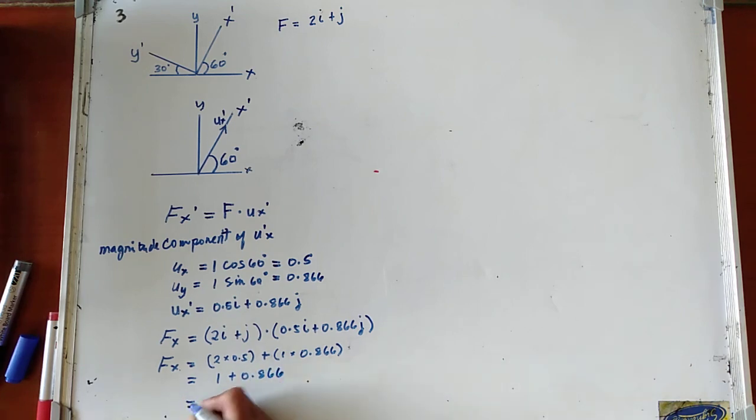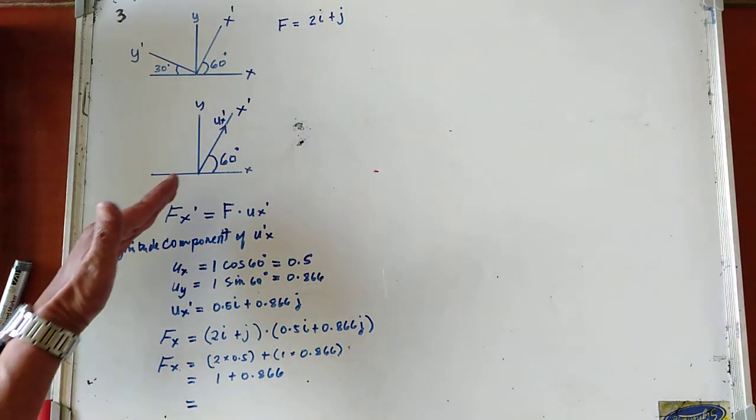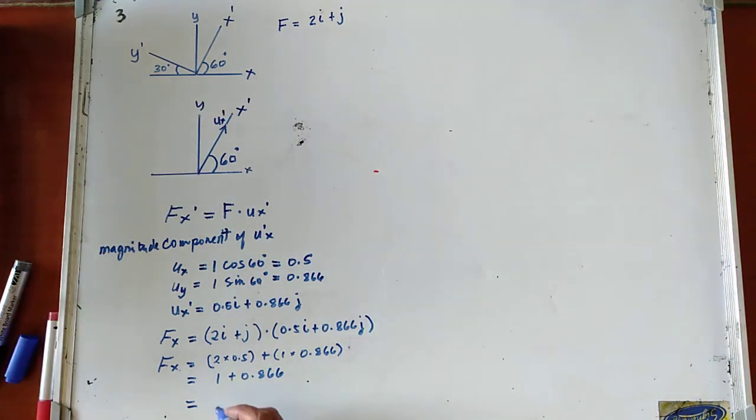Therefore, the component of the vector F in the direction of x prime is equal to 1.866 kilonewtons.